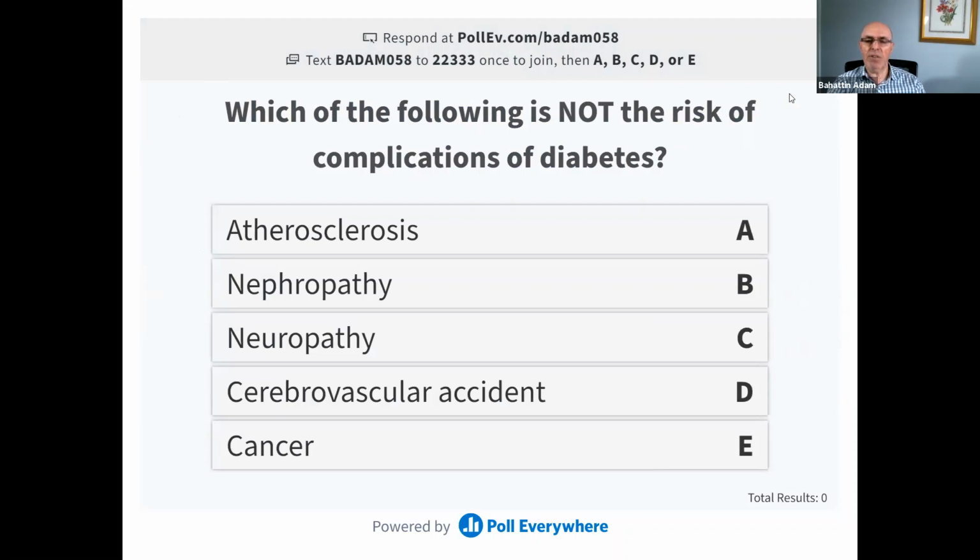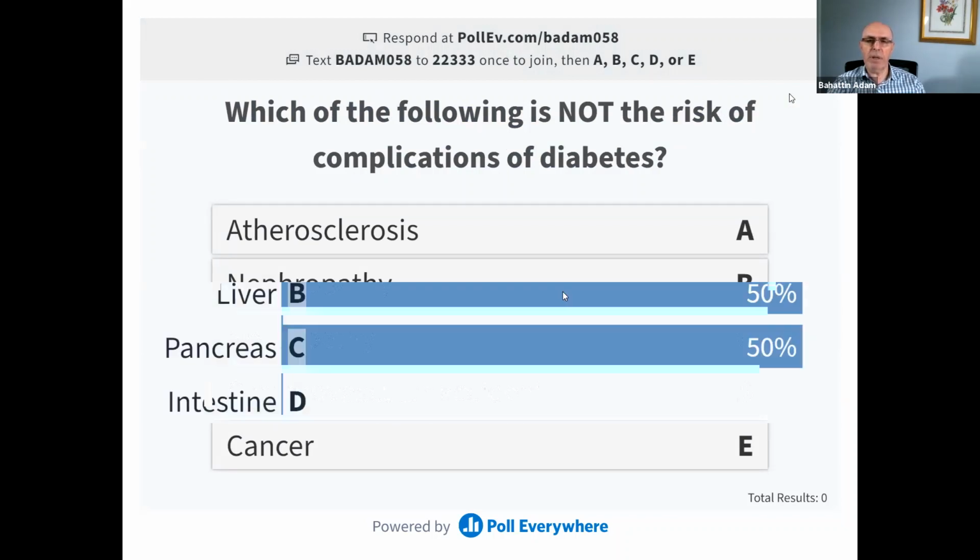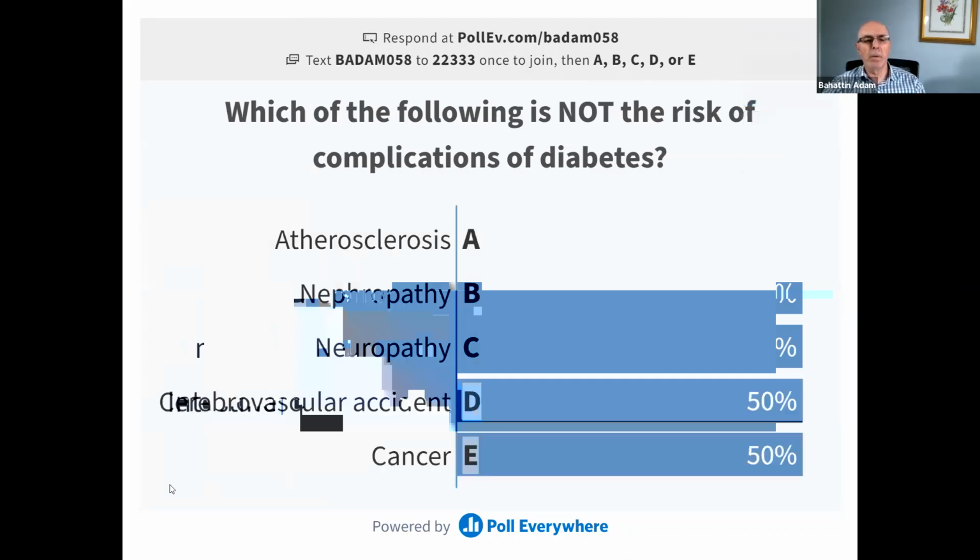Complications of diabetes mellitus: atherosclerosis, nephropathy, neuropathy, cerebrovascular accident, and cancer. Okay, cancer is the correct answer.